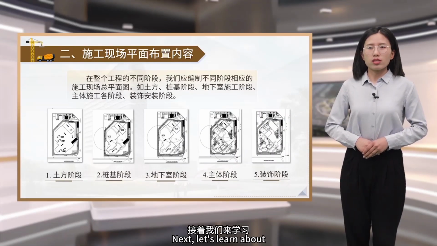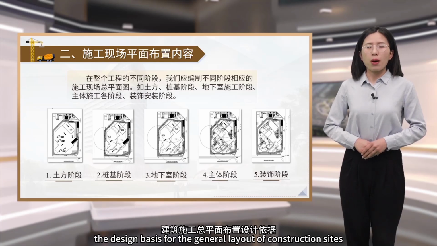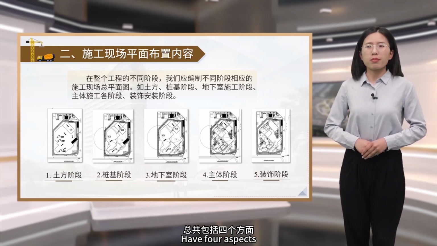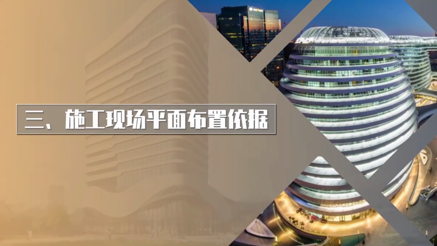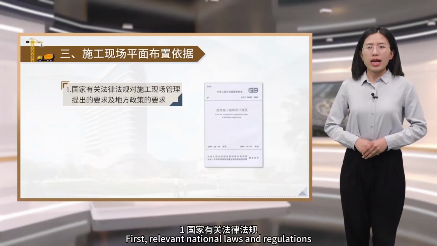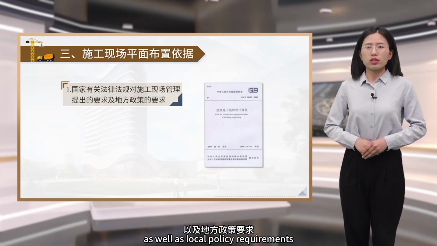Next, let's learn about the design basis for the general layout of construction sites. There are 4 aspects. First, relevant national laws and regulations, which set requirements for construction site management, as well as local policy requirements.